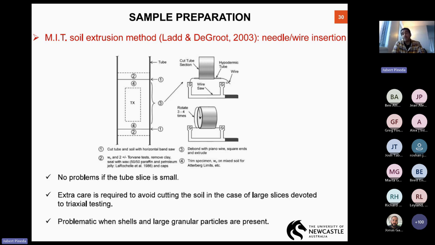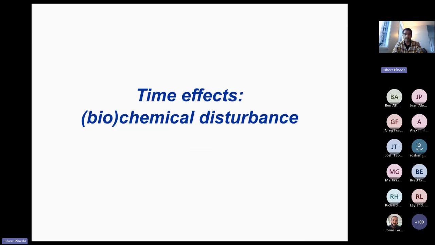That method works. We have used it a few times for shorter specimens, but for triaxial samples, it's very difficult to maintain the alignment of the hypodermic needle without cutting the soil. So we have decided not to use this one in our standard testing procedures here, but it's also useful if you have the right tools to do that.